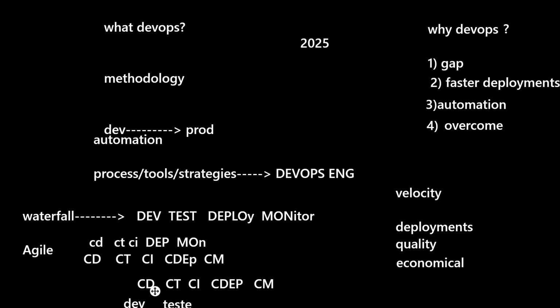Test cases will be written by testers. But those test cases should be executed automatically, then merged into the system, deployed and monitored. How is this possible? That's the DevOps methodology, right? So the DevOps engineer should be able to work at any stage in this pipeline.